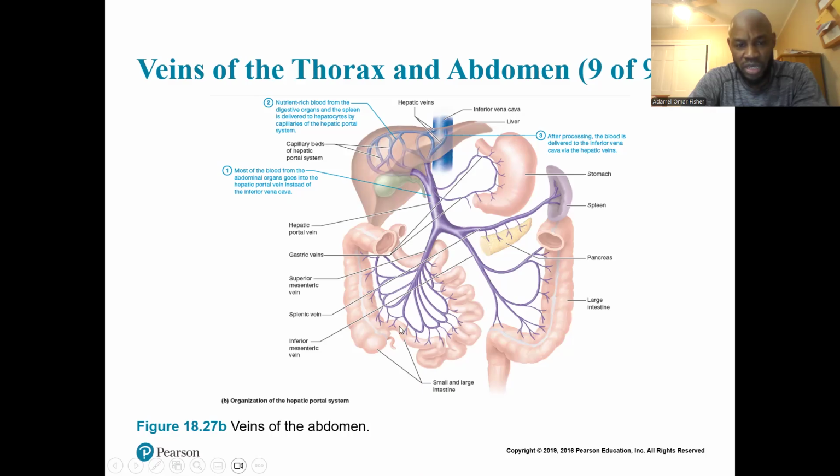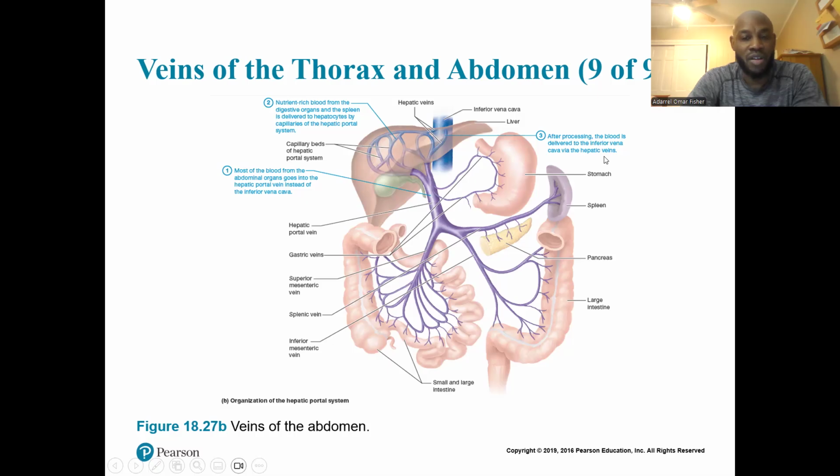So coming from the intestines, the spleen, the pancreas, even the stomach, it goes through this vein, the hepatic portal vein. It drains into that and then drains into the liver where it gets processed. Therefore, any chemicals can be destroyed after processing. The blood is delivered to the inferior vena cava via the hepatic veins, right?